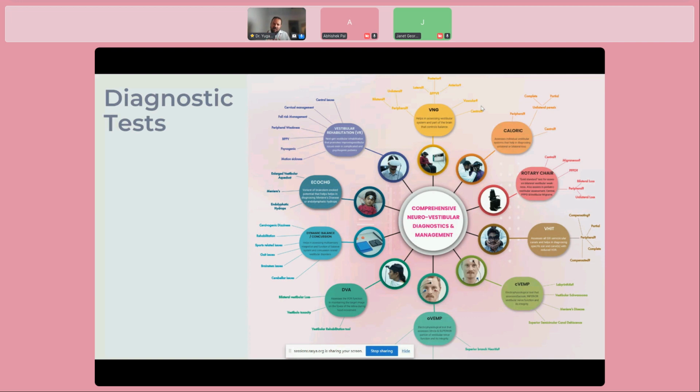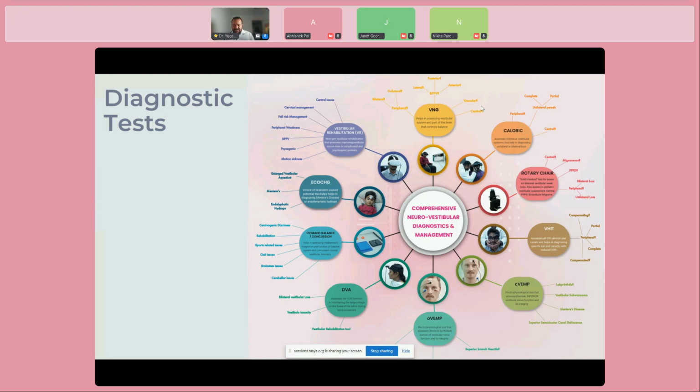So I'm going to talk about that probably at the end of the session. But as you can see, a complicated vestibular system has a bigger picture. If you want to assess a complete balance system, these are the different tests, and there are more nowadays actually. So it needs a bigger scope to assess.